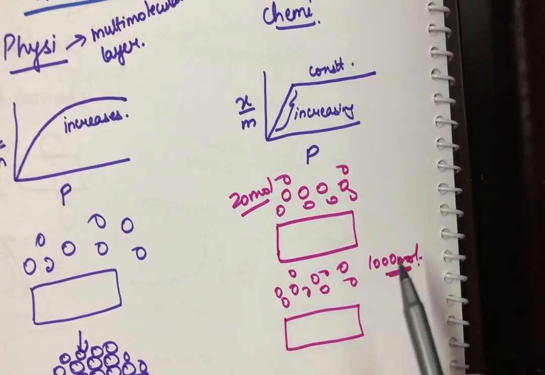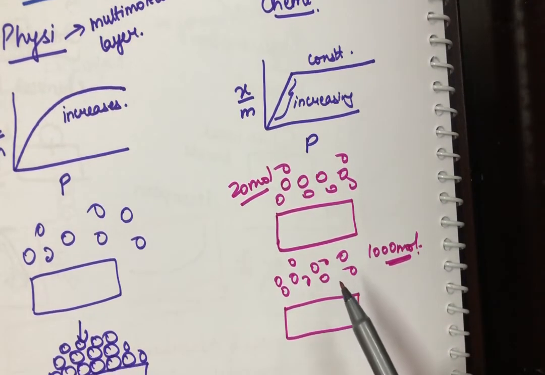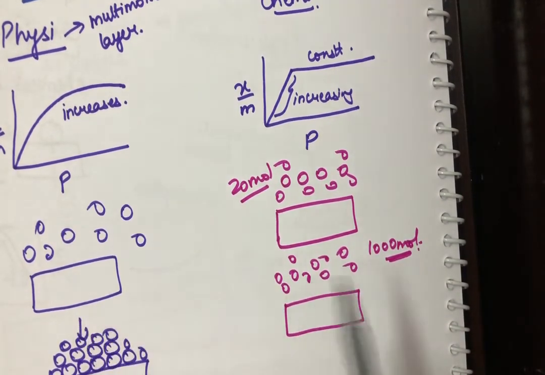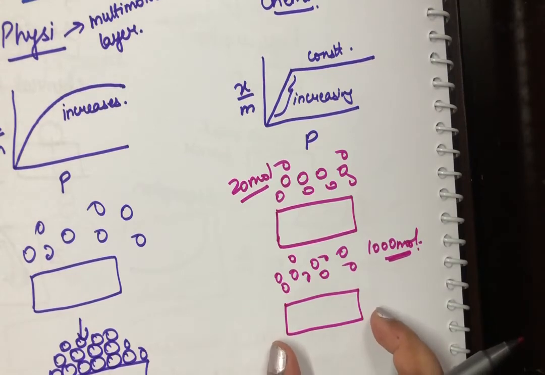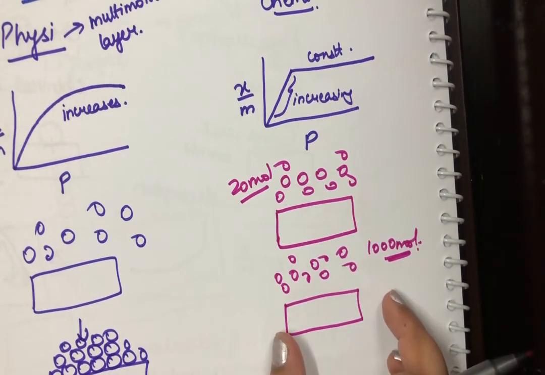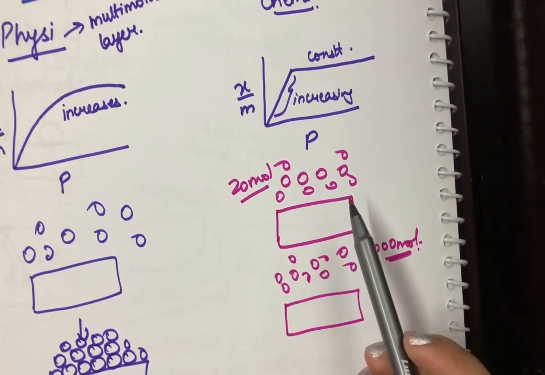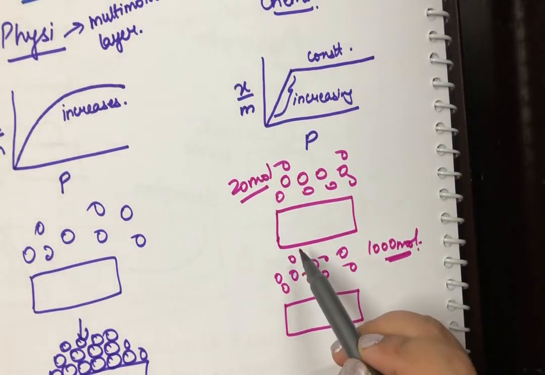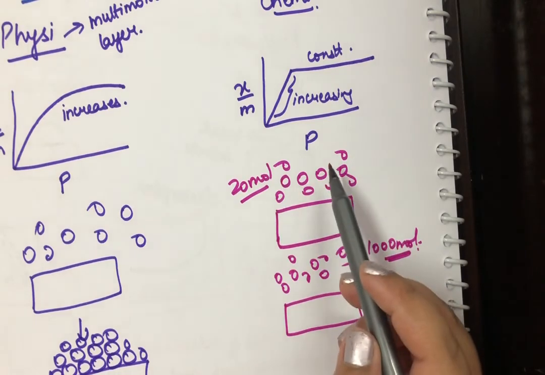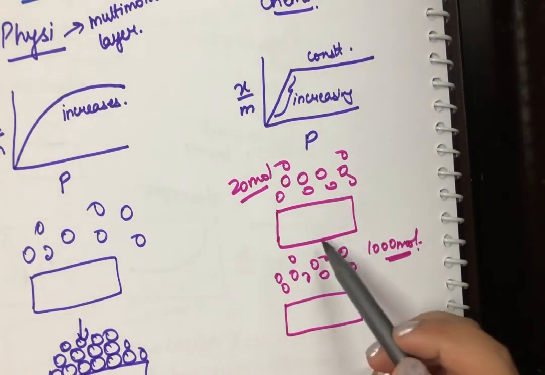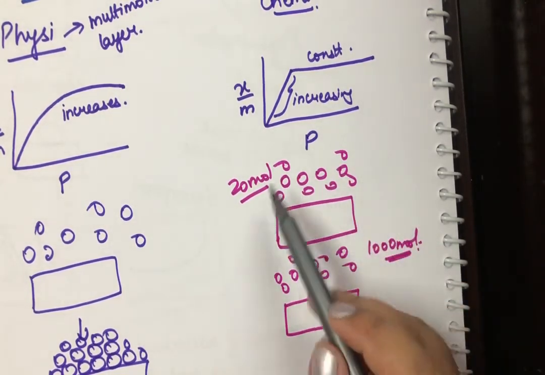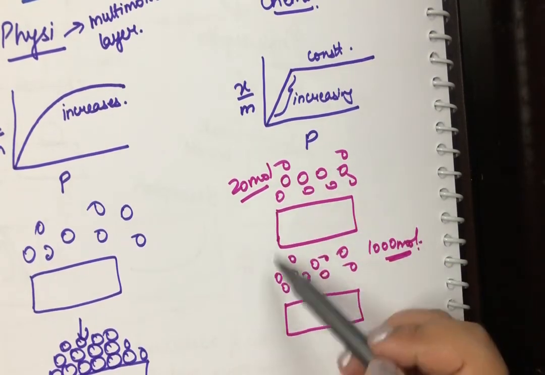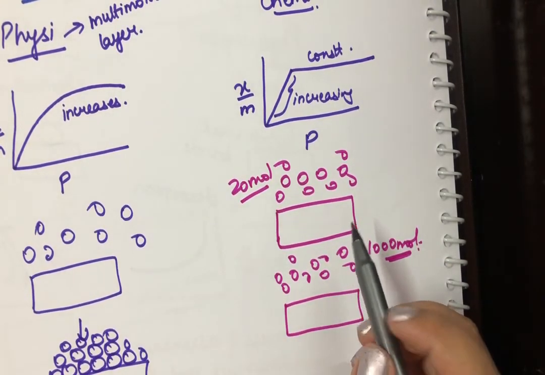So ideally, where should more adsorption be happening? If it was physisorption, the more the number of molecules, the more pressure you apply, there is going to be more adsorption. But if I'm talking about chemisorption, initially the surface is available. So if you are increasing the pressure, adsorption increases because there is a large number of molecules available for getting adsorbed.